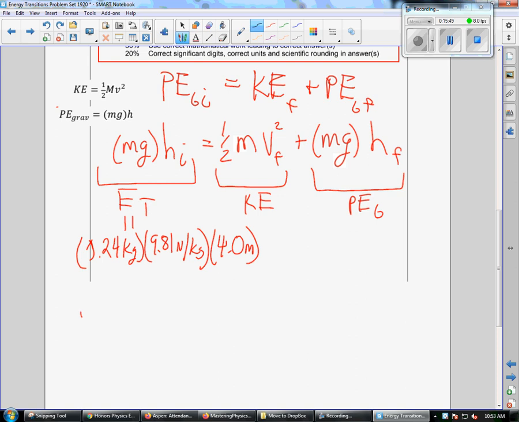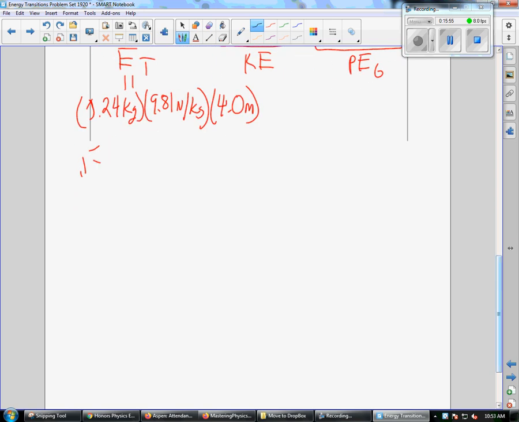So my energy, wow, energy total equals, I get 9.42 joules.